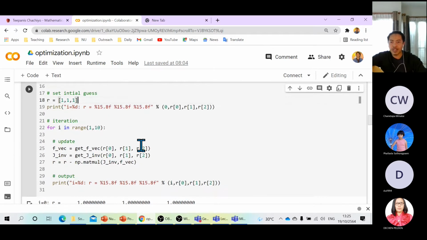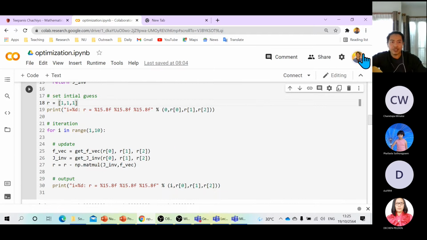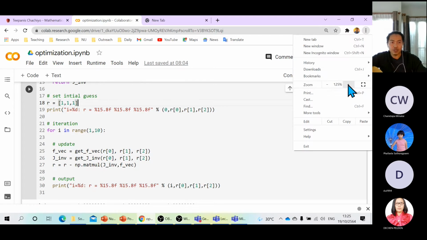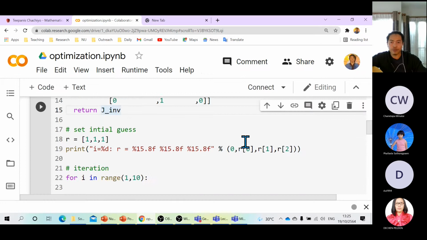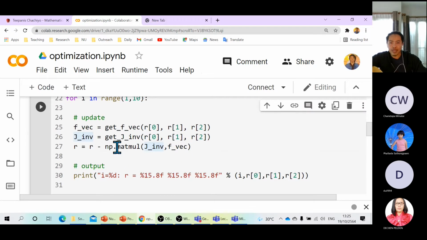And then I have this update. For the updating in Python, let me zoom in to show the code here. The command is this, matmul, a Python subroutine for multiplying matrices together. In this case, we have this inverse J in the front and the vector here in the back.